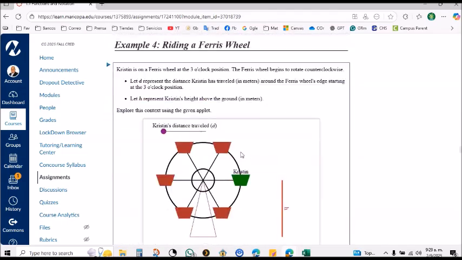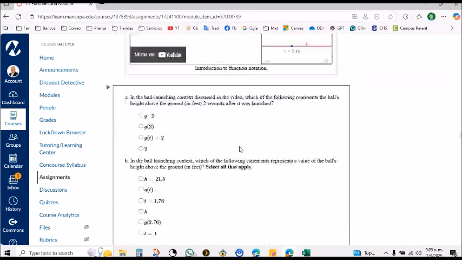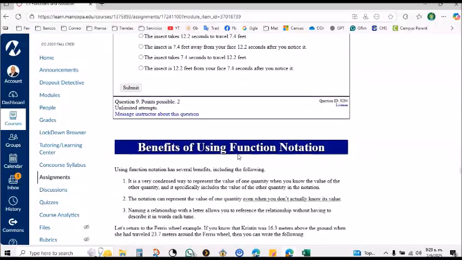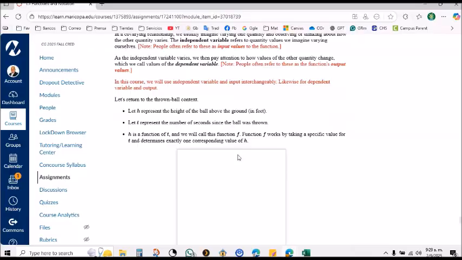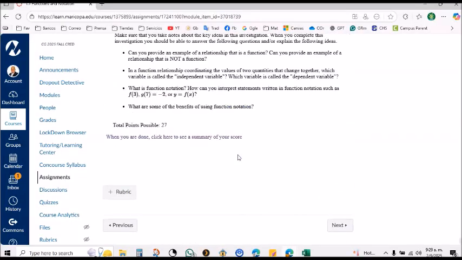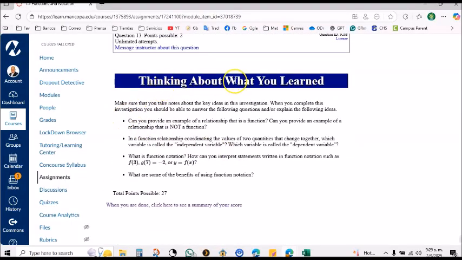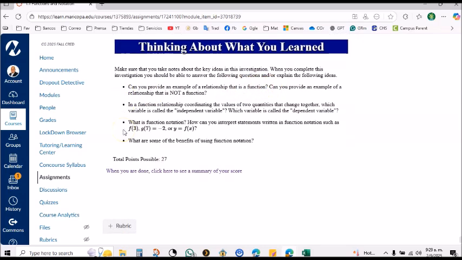And by the end you have some videos also, and at the end of this you will have to answer some questions. For you, think about what you learned. Make sure that you take notes about this one. I think you're gonna need this later. Can you provide examples about the relationship, if that is a function or not, and so on.